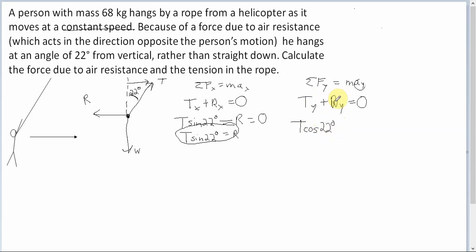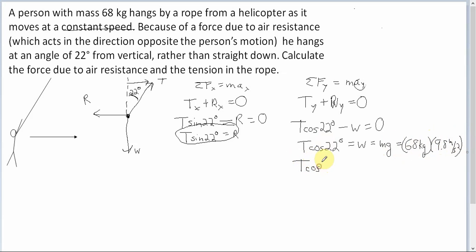W is straight down, so its y component is just going to be minus W is equal to 0. That means T times the cosine of 22 degrees is equal to W, which is mg, which is 68 kilograms times 9.8 meters per second squared.